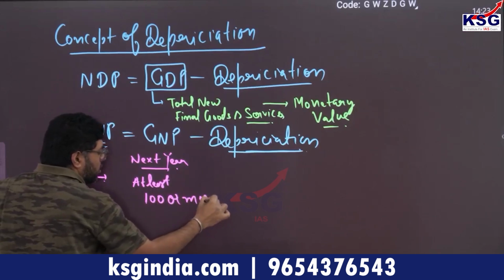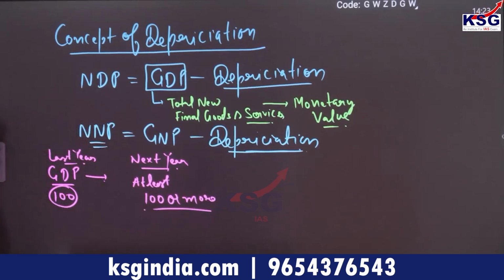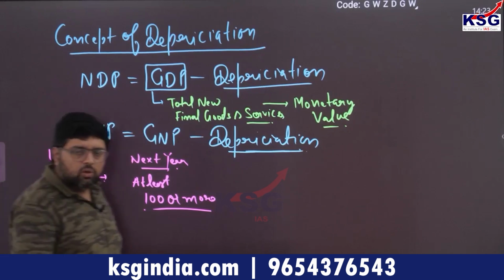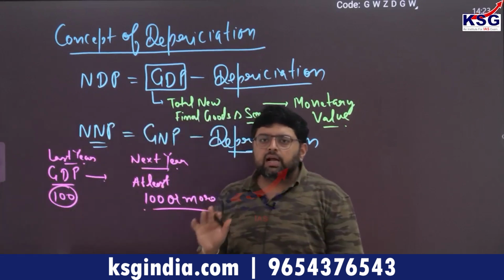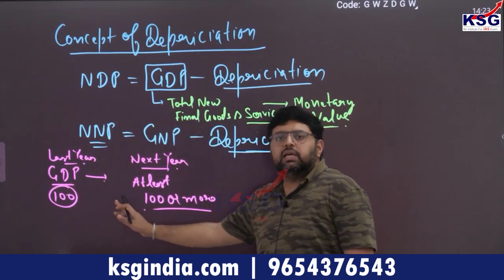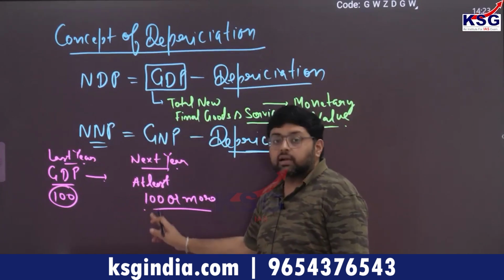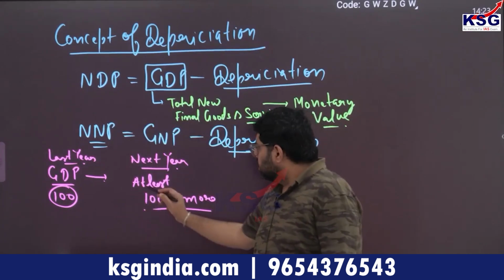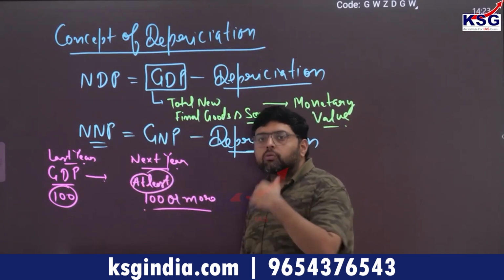You never want it to reduce below this. Yes or no? So ultimately our intention should be that next year it should be at least 100, that is at least 100 or more.